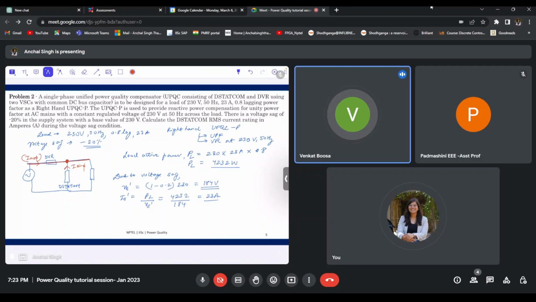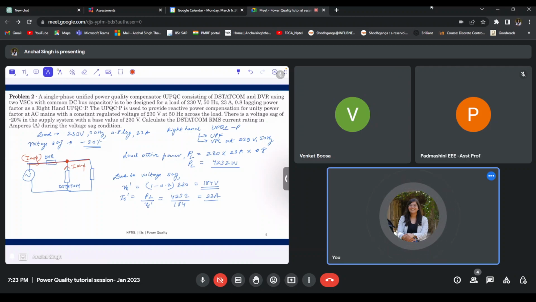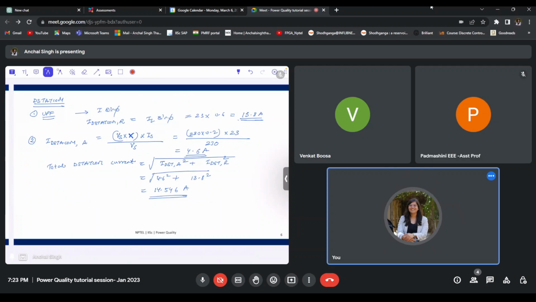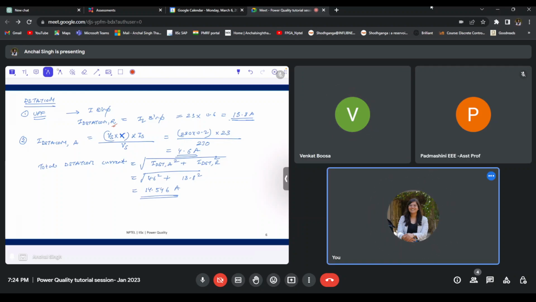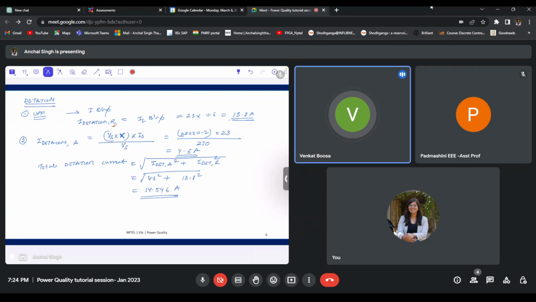That I sin phi current, madam, it will supply, you are also saying it becomes active. No, no. See, I sin phi is the reactive part, right? I cos phi is the active part and I sin phi is the reactive part. Yes, madam. Here the D-STATCOM active means, madam.